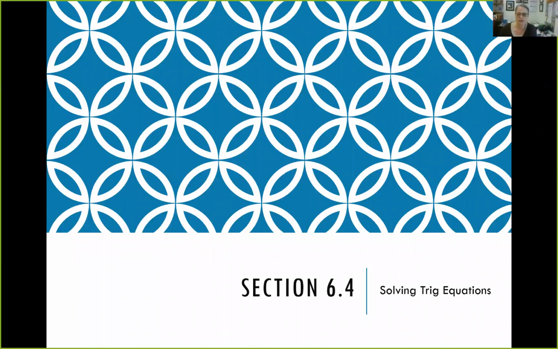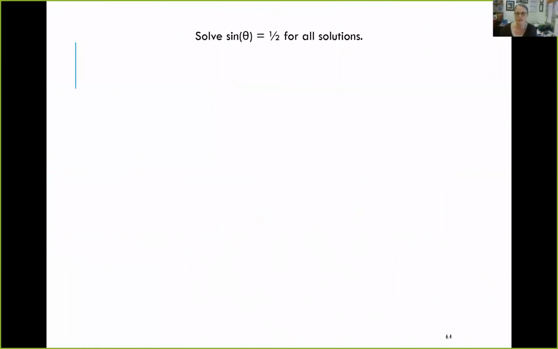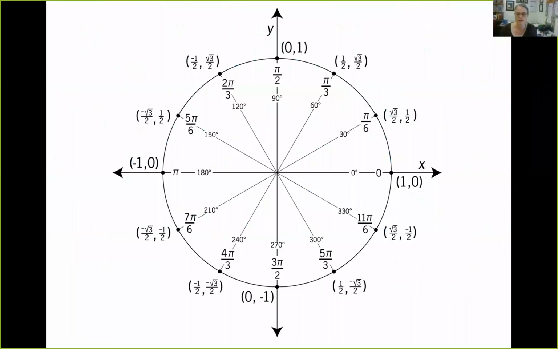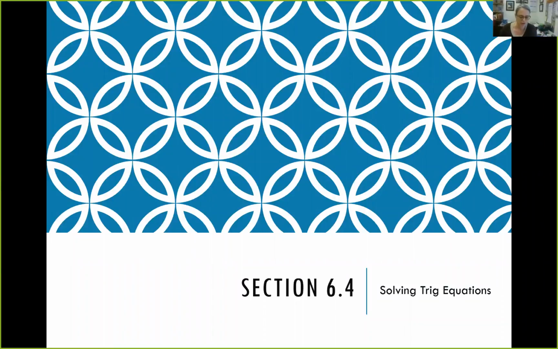So if we think about how that function looks, well, that's okay. I kind of just did that through problem solving, right? In this section, we're going to learn how to actually solve the trigonometric function. And we'll do an example.